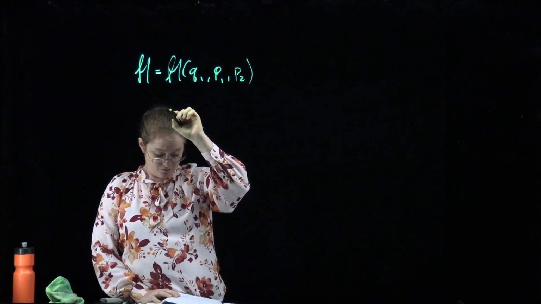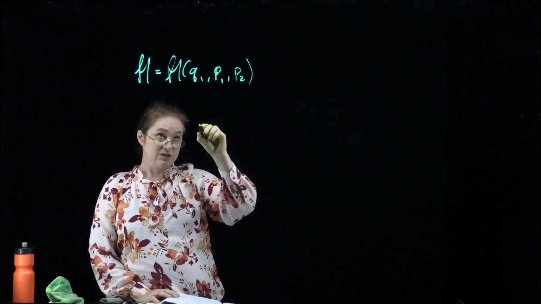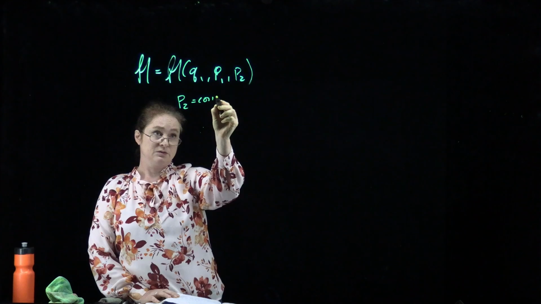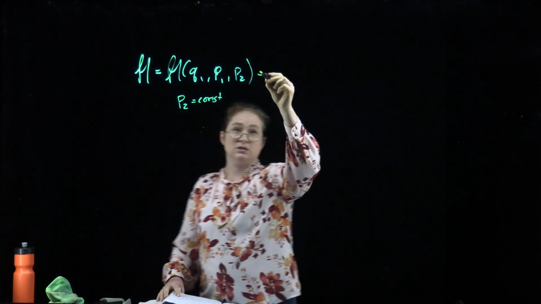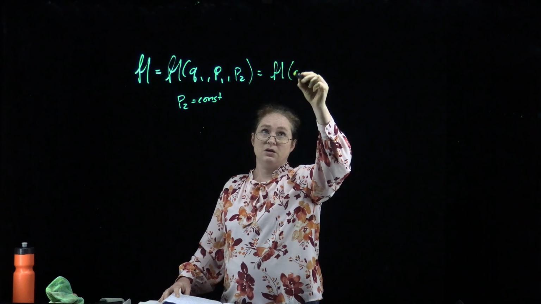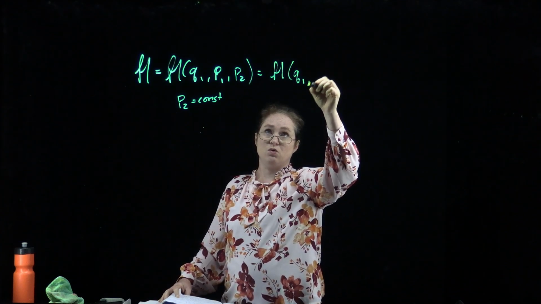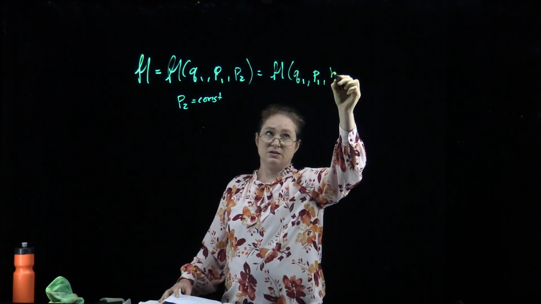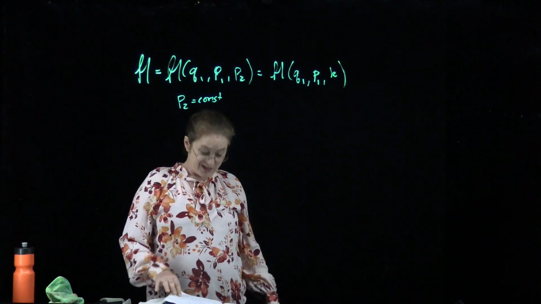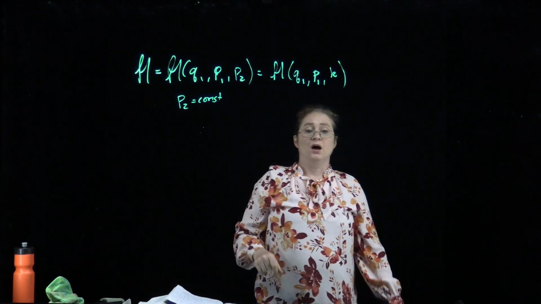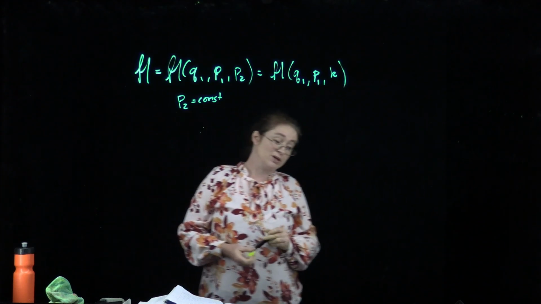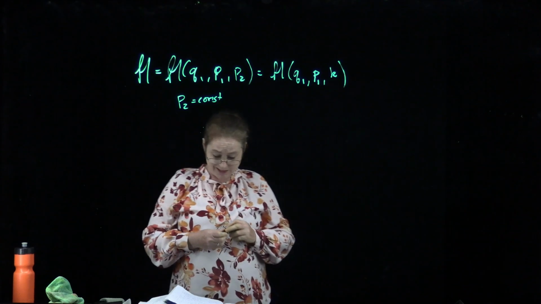And this would tell you that p2 is a constant, and your Hamiltonian is actually a function of q1, p1, and some constant. And this really changes the problem, which was 2-dimensional, into a 1-dimensional problem, so it's slightly easier.